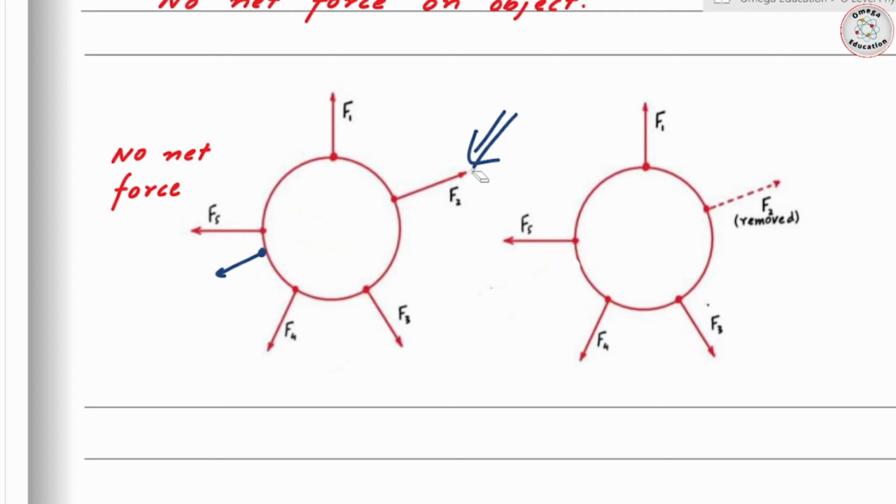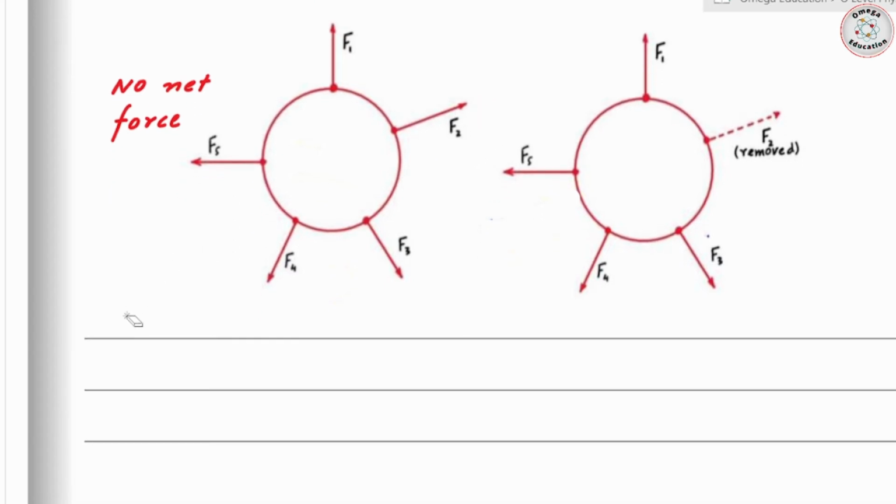For example, if you remove the force F1, the object would move in the direction opposite to F1, because F1 was one of the components keeping the system at rest. If you remove that one force, there's nothing stopping it in that direction, so it would move in the opposite direction.